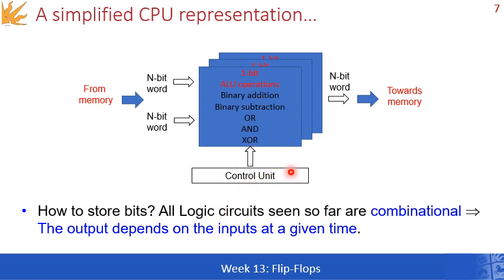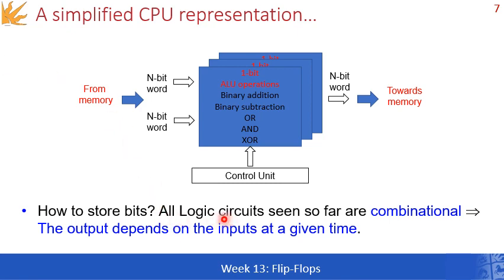Now, a question that comes up next is, how do you store all these bits? The bits that come from the memory and the bits that go back to the memory. This is the main topic of this week and the weeks to come.